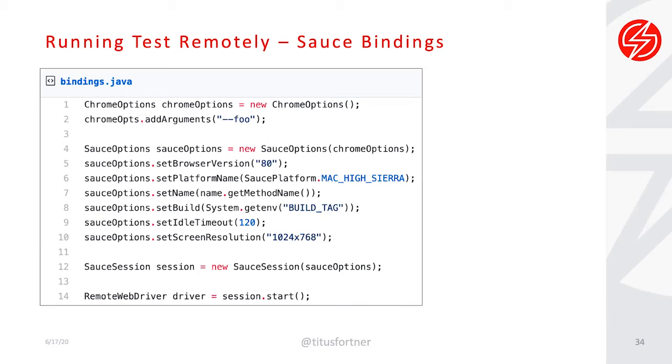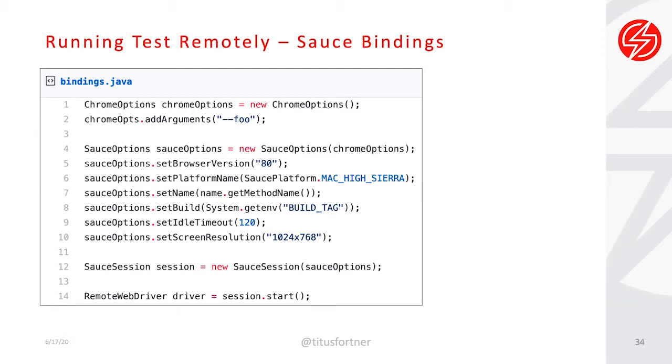We've got explicit setters and getters for all of these things, so from your IDE, you can see exactly what things are allowed. We have enums that are required for the type to make sure that you're getting exactly the right string. Sometimes it's difficult to remember, okay, it's lowercase MAC, but uppercase OS space, and then it's 10.13, or you can just use an enum here, which is a lot easier.